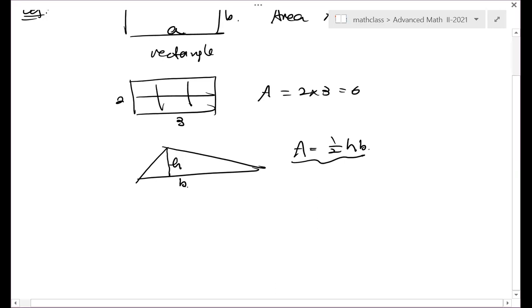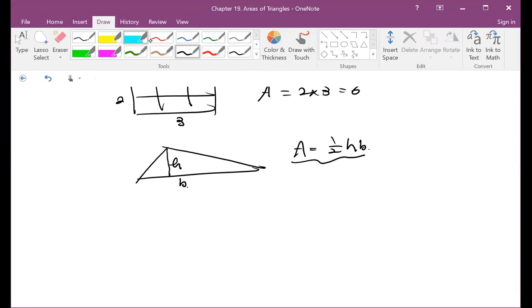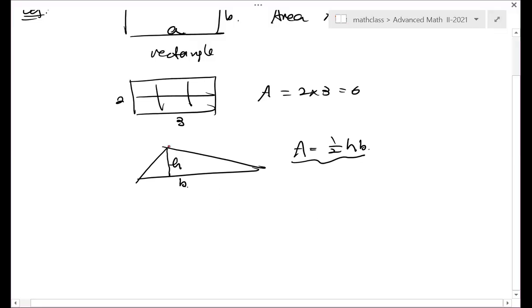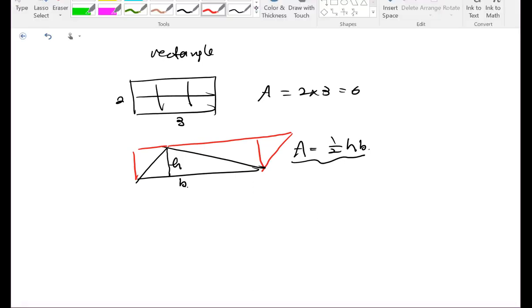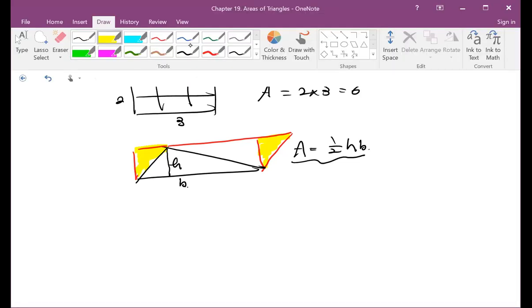Well, the idea is you duplicate this triangle, okay, double it, and then you cut this piece and put it here. So the double of the triangle, this piece, is moved here. So you get a rectangle, right?